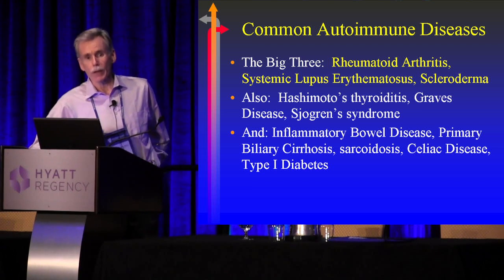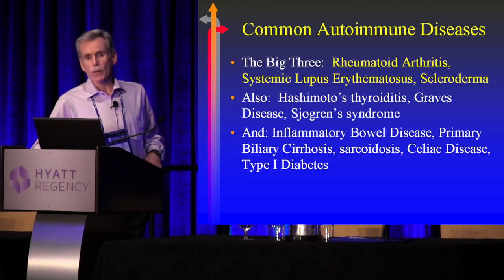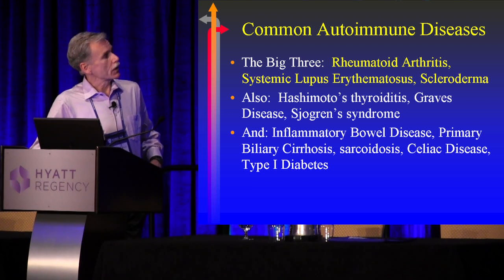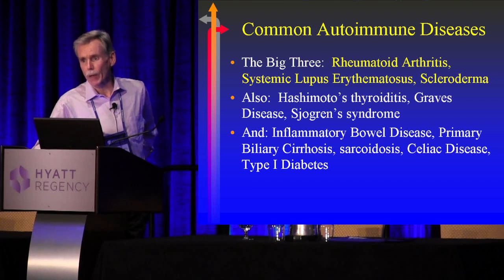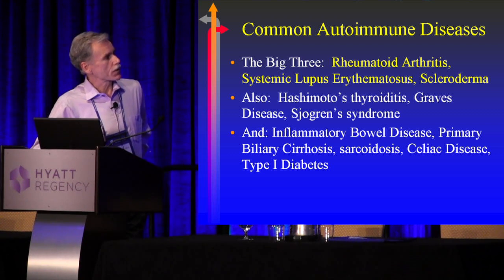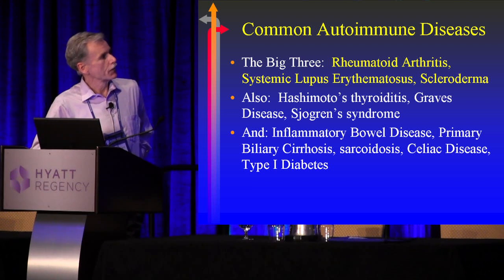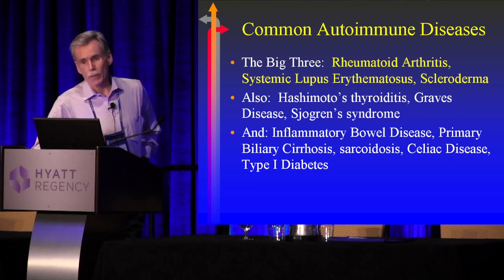The list goes on. And some are considered more autoimmune than others based on the presence of specific autoantibodies. Inflammatory bowel disease, at least, doesn't really have a specific autoantibody, but it shares other features that are characteristic of autoimmune disease, including a genetic propensity, antigen-driven inflammation in a particular organ, namely the bowel, and that's also true of sarcoid.